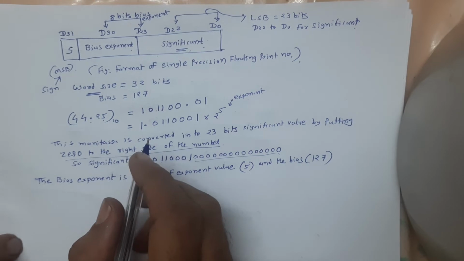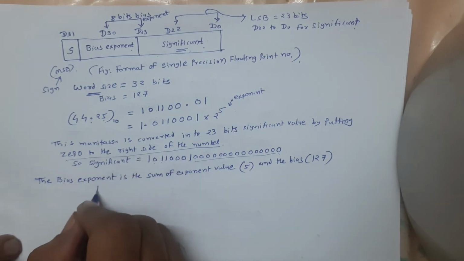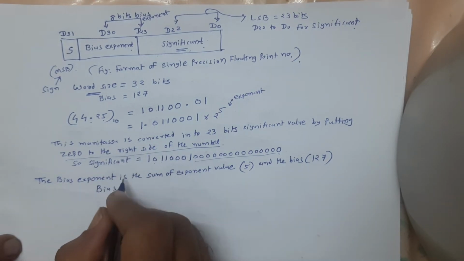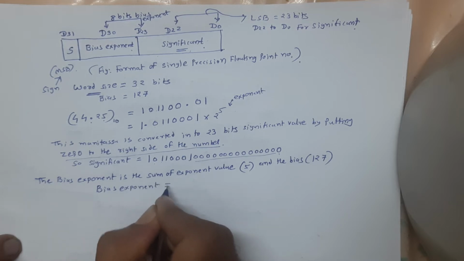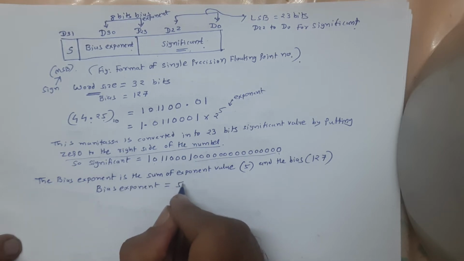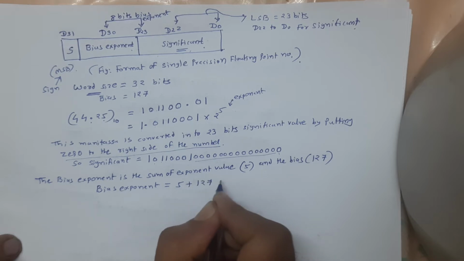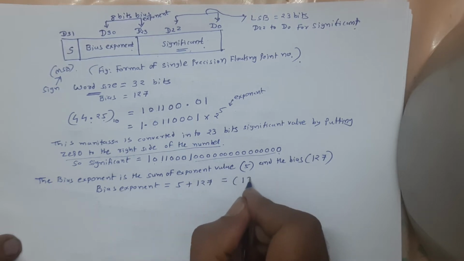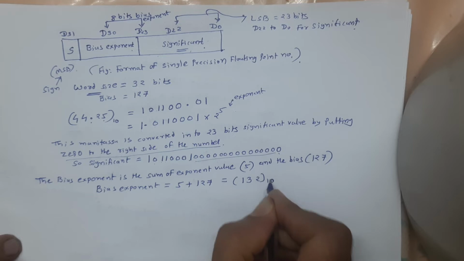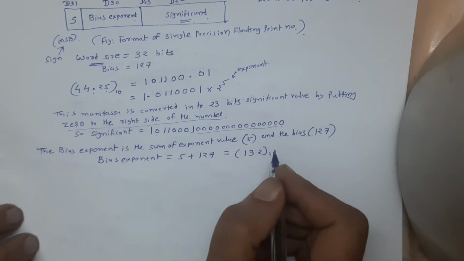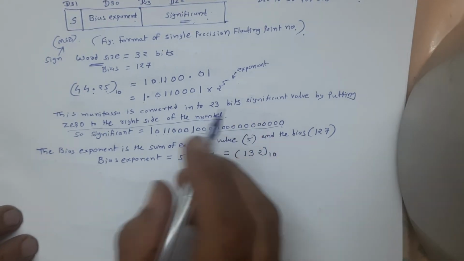So it is given as bias exponent, which is equal to 5 plus 127, that is equal to 132 in decimal. So convert this into binary.